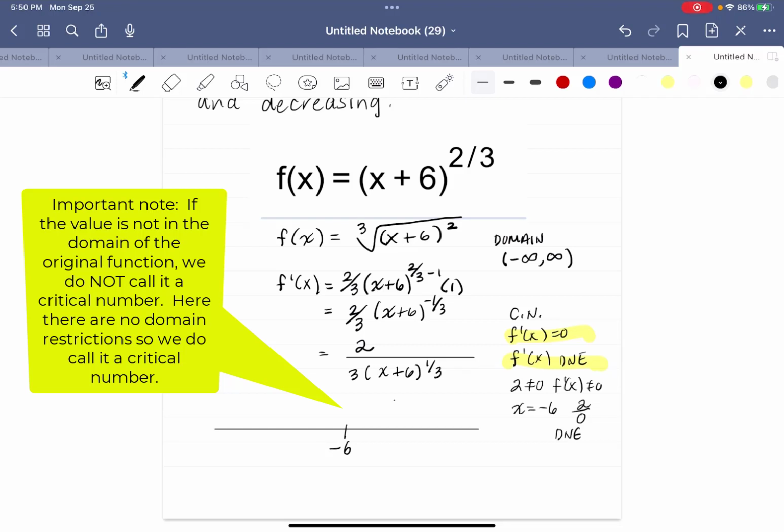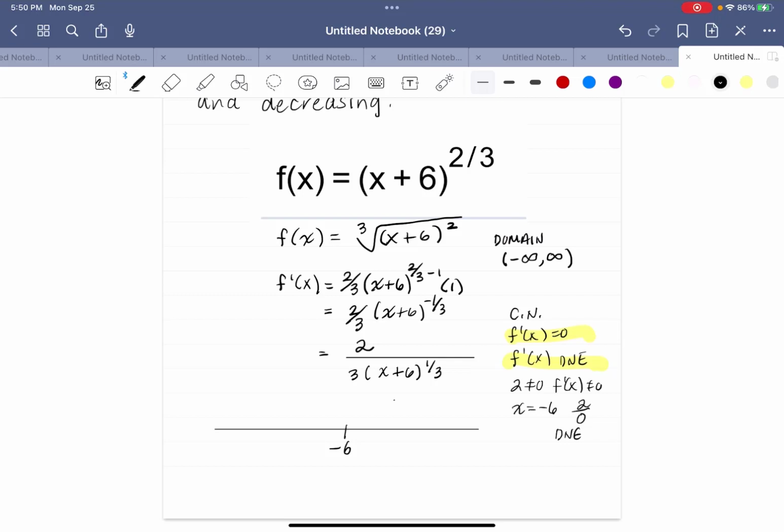So what we have to do is check values to the left of negative 6, like negative 10, and to the right of negative 6, like 0. So if I put this into the derivative, f prime of negative 10 is going to be 2 over 3 times (negative 10 plus 6) to the 1/3.